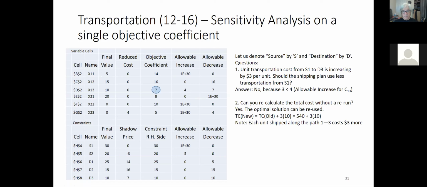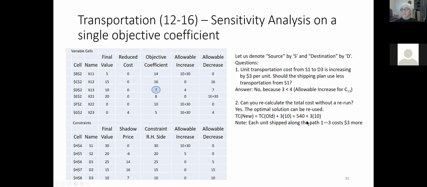This makes it possible to recalculate how much it will cost you very easily. It will cost you what it used to cost you before. If you remember the run, we ended up with $540 on the previous solution. But now you're paying $10 instead of $7 on the same quantity.